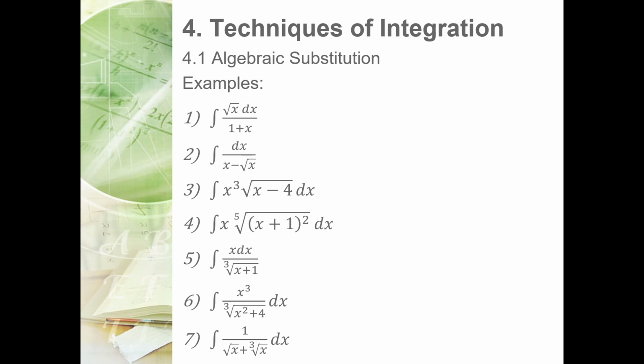You only have radicals in your algebraic functions. Such as this one, then this one. Notice you have square root of x minus 4, then others have fifth root, then cube root of x plus 1, cube root of x squared plus 1, then square root of x, then cube root of x.